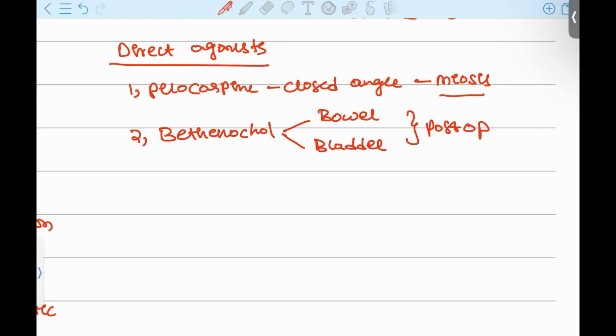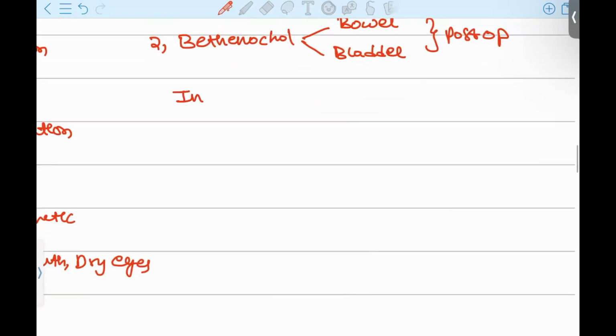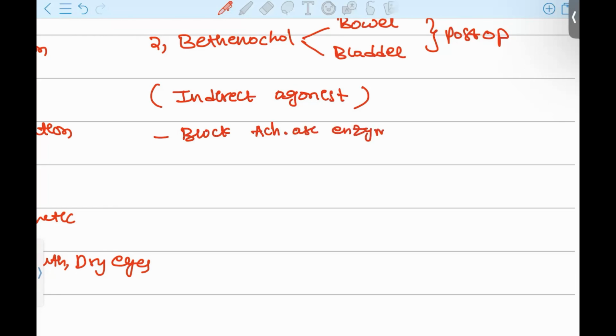Next, moving on to the indirect drugs. The indirect agonists usually work by blocking the acetylcholinesterase enzyme. What are those drugs?